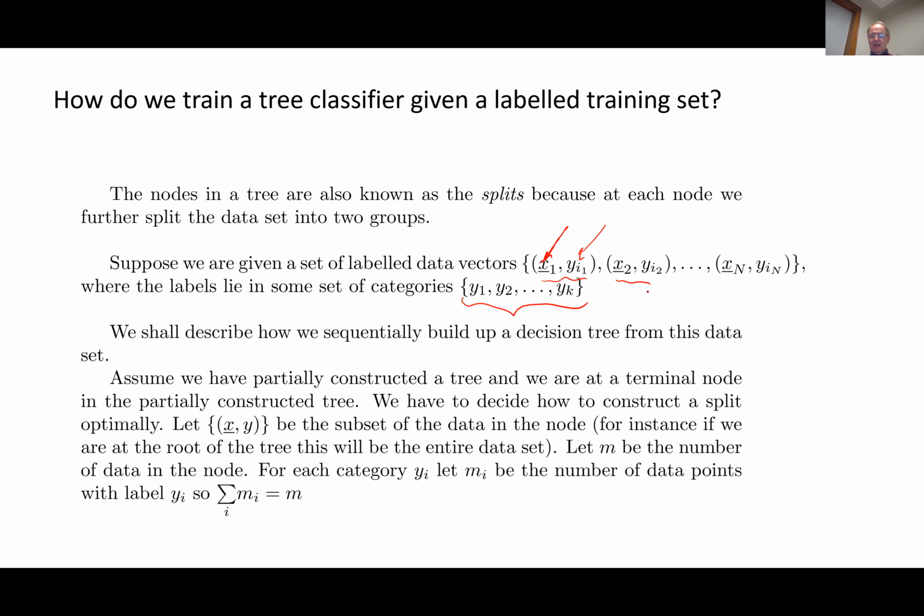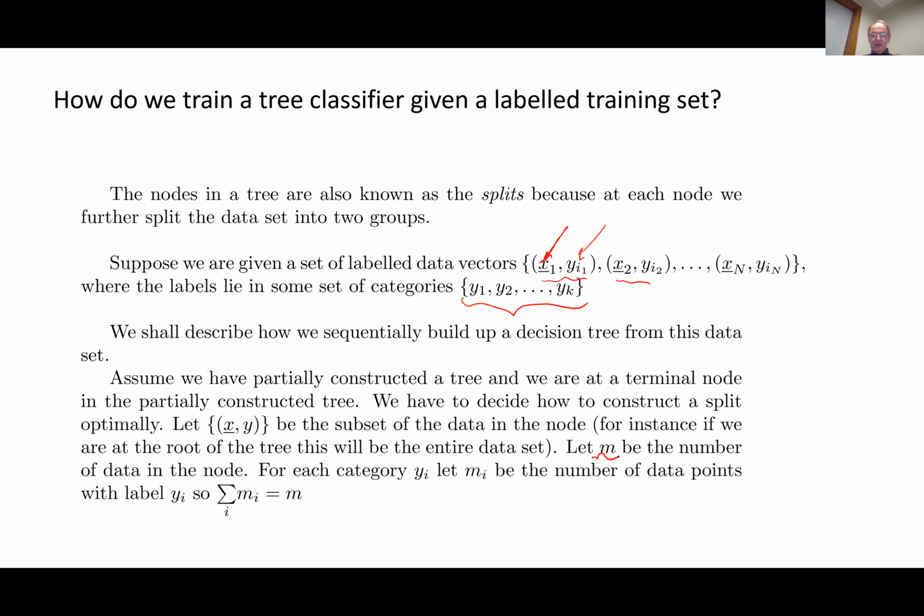At this particular node, we have some subset of our data that has survived down to this node, and we're going to decide how to split it into two subsets. So let's introduce some numbers here. Let M be the number of data points in the node we're looking at.